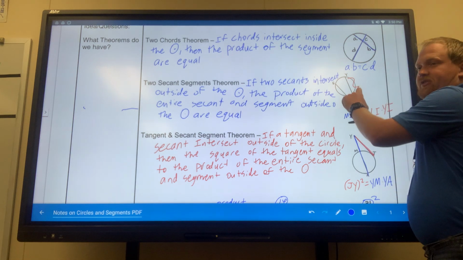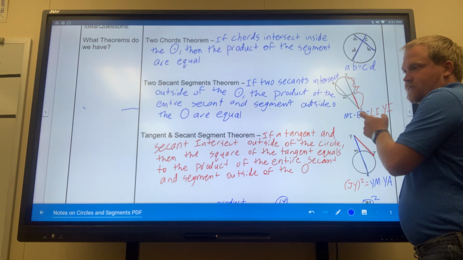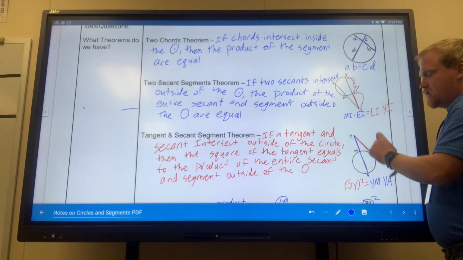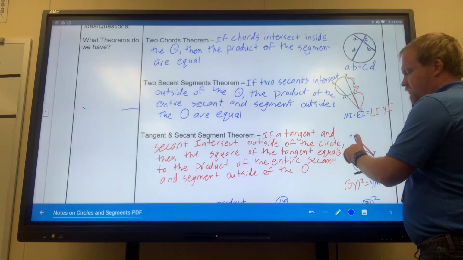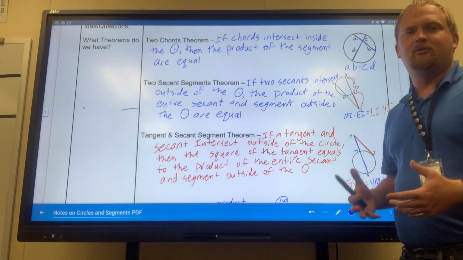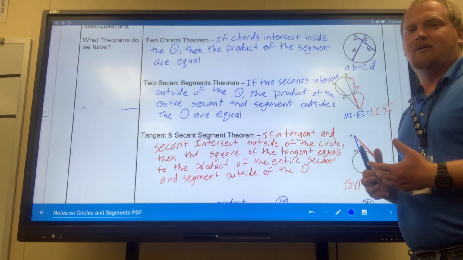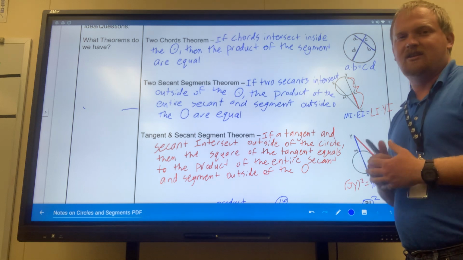Remember that it's the outside of the secant times the whole secant equal to the same for the other secant. And tangent squared is going to equal the part outside times the whole secant itself. These are what we've got to remember to find distance in a circle. Thank you and have a good day.